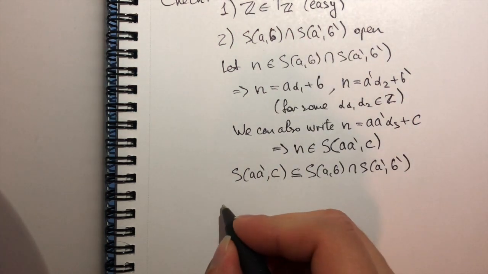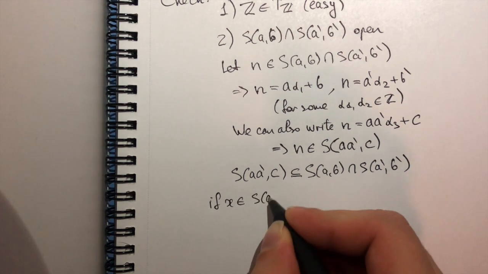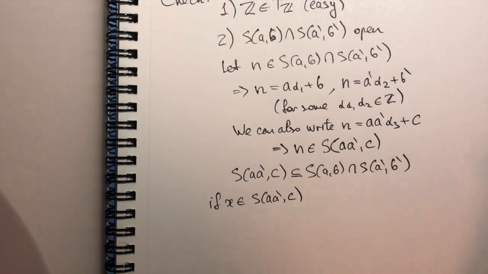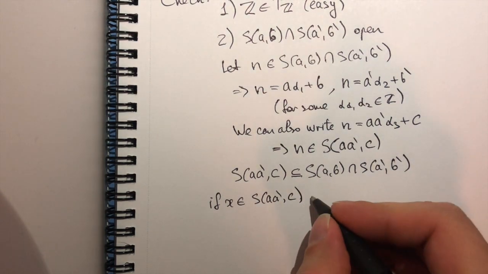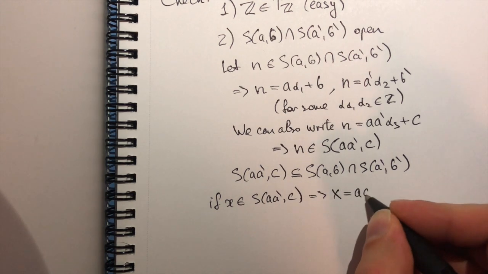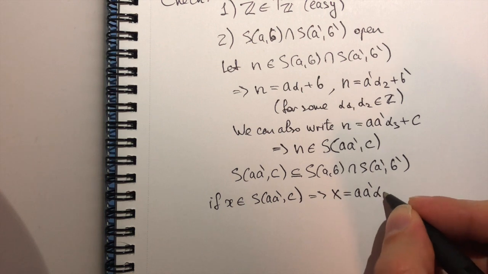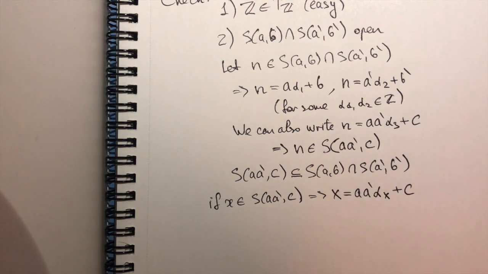So if you have a number x inside this set, again by definition of this set, x is equal to A prime alpha x for some integer alpha x plus C.